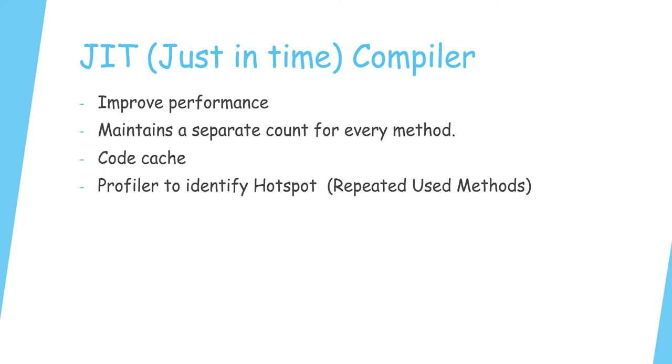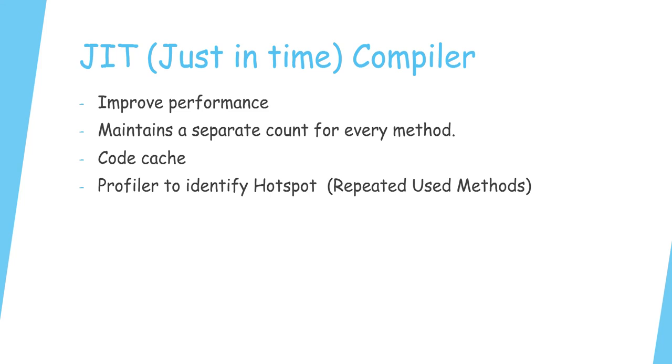This process will be continued for every method. If count for any method reaches threshold, then the JIT compiler identifies that method as a repeatedly used method or hotspot.